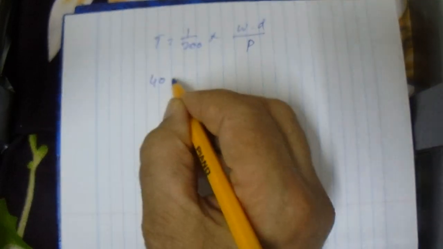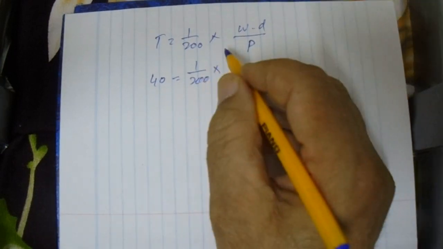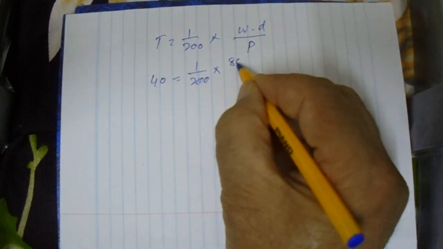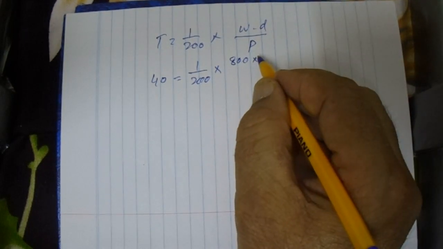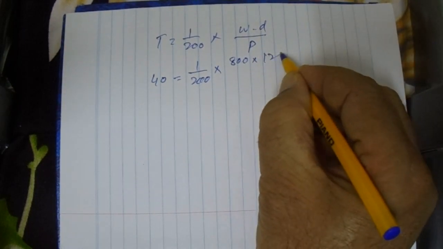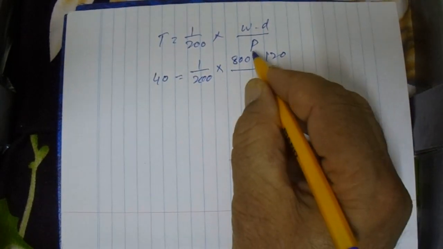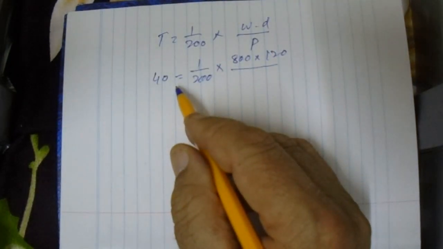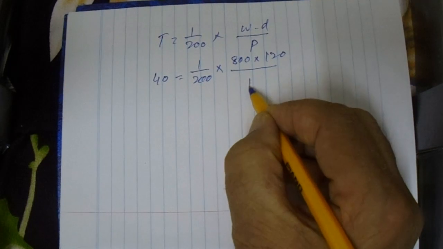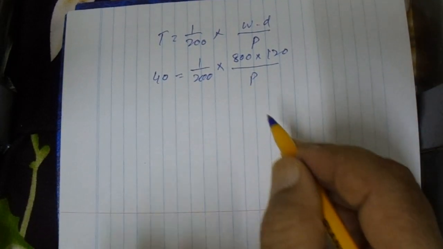So 40 seconds is equal to 1 over 200 multiplied by weight 800 lb multiplied by D, where D is 120 feet, and we have to find the power.